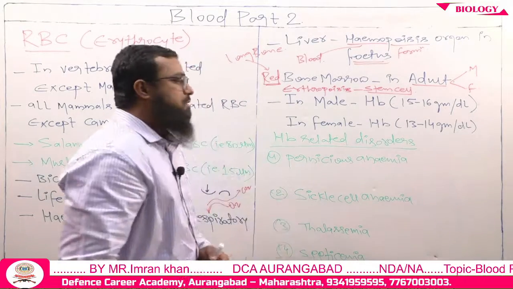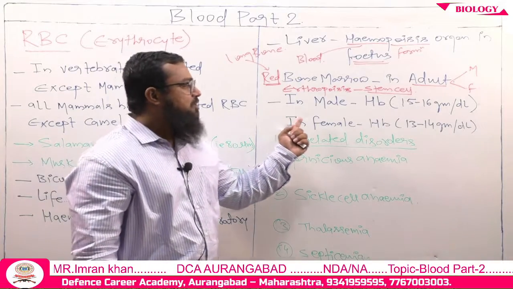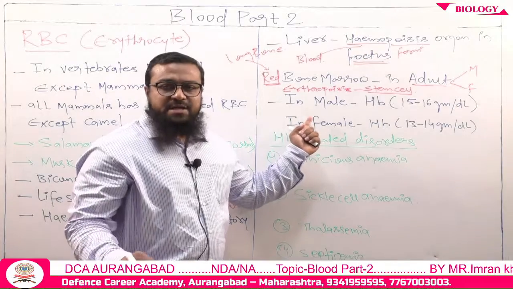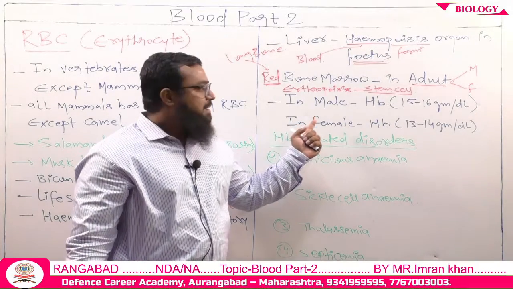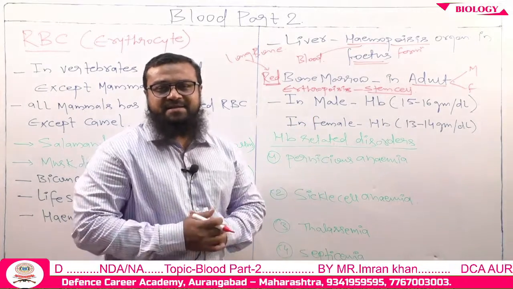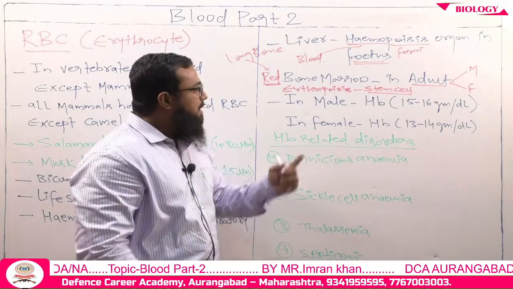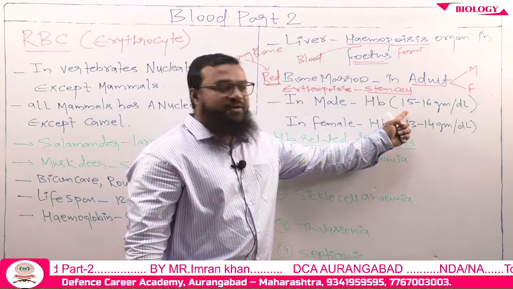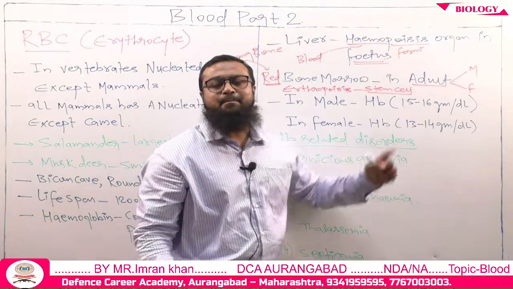Okay. What about the HB formation? And what is the quantity of HB inside the male and in the female? In male, the HB concentration is 15 to 16 gram per deciliter.